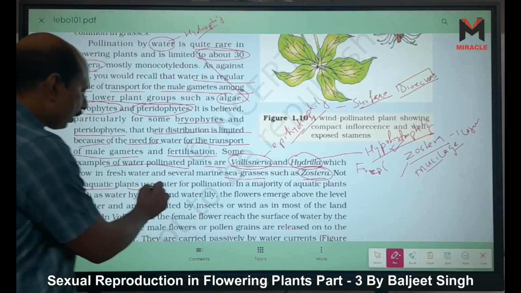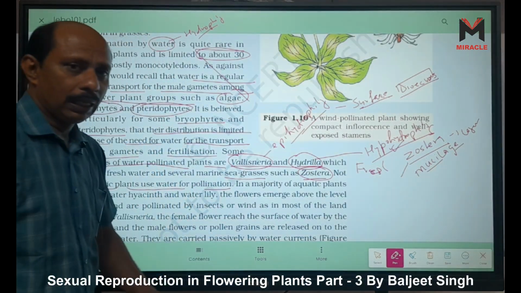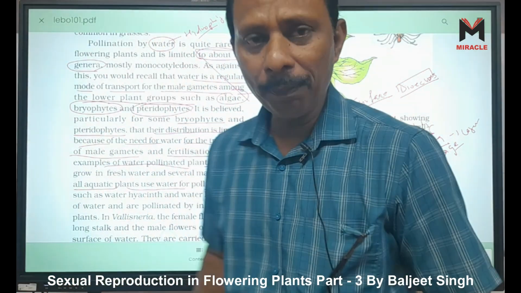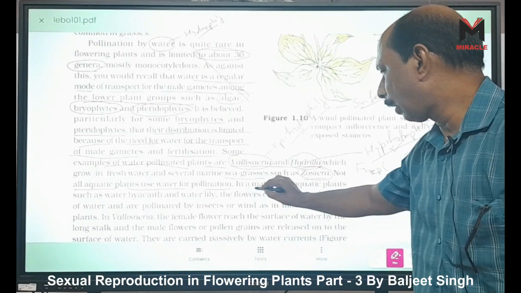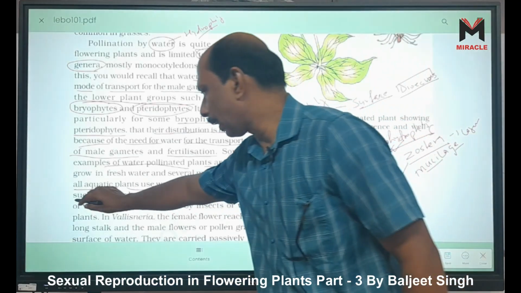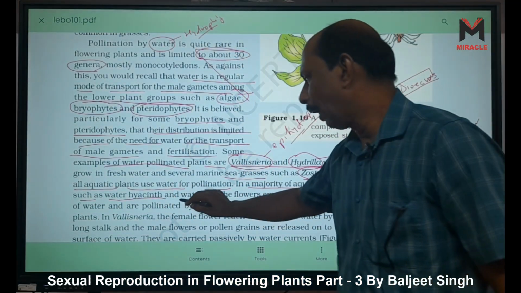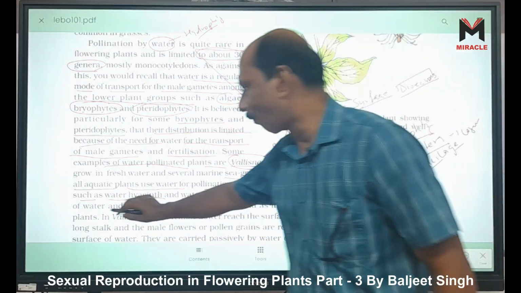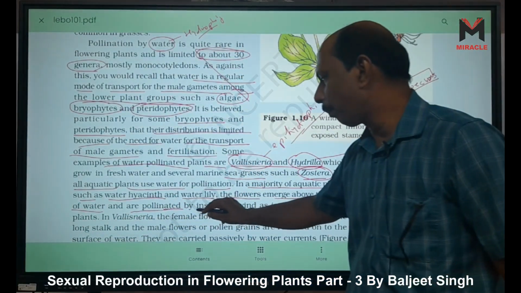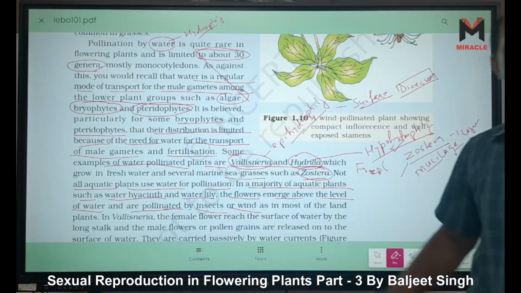All aquatic plants use water for pollination. That is not correct. In a majority of aquatic plants, such as water hyacinth and water lily, the flowers emerge above the level of water and are pollinated by insects or by wind.